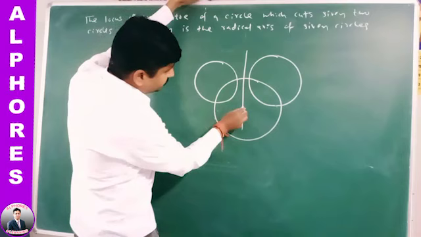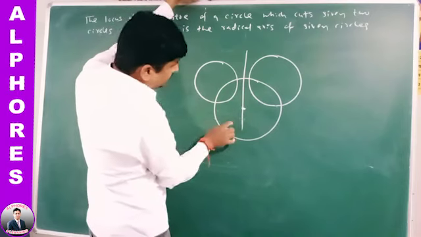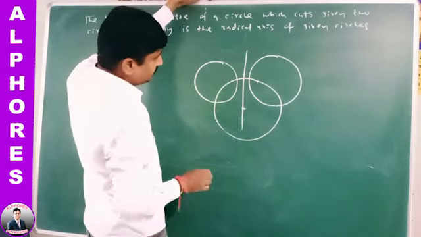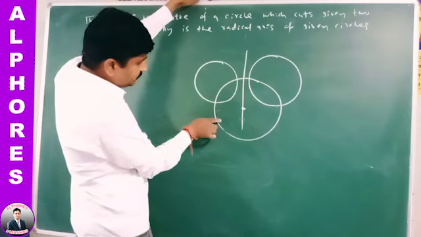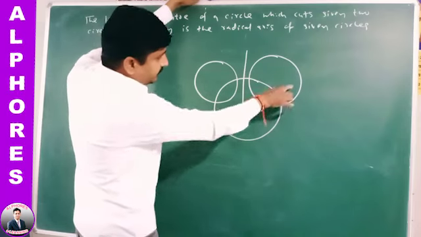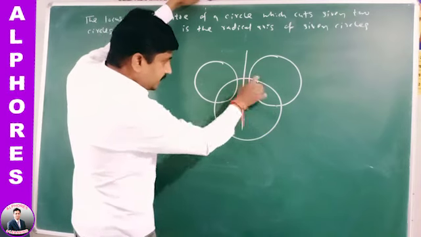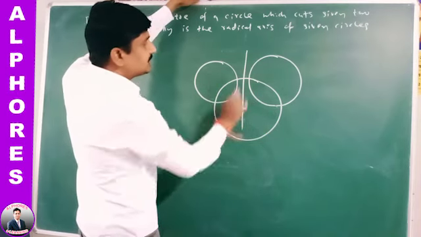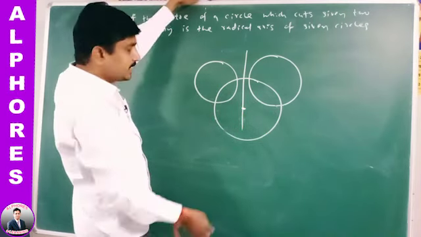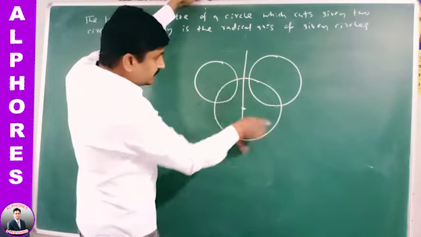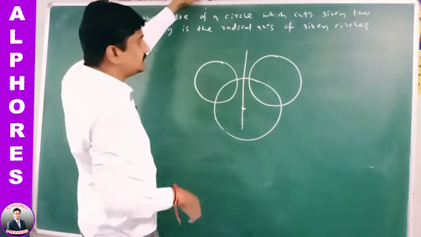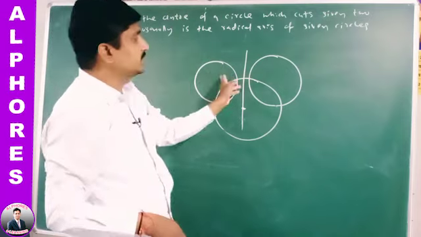Observe this diagram. This circle cuts these 2 circles orthogonally. It means the angle between these 2 is 90 degrees. In this case, the center of the circle must lie on the radical axis of these 2 circles.